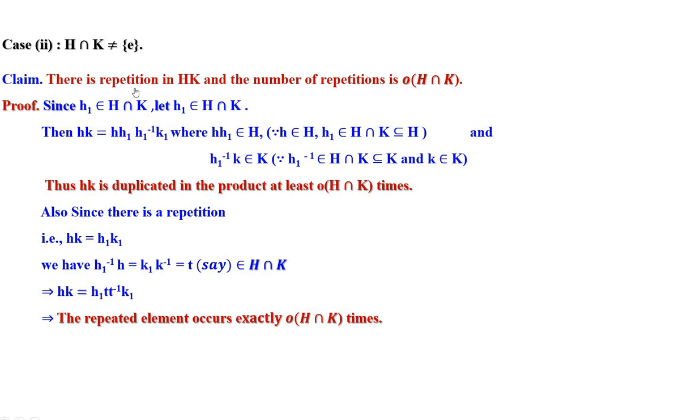So we claim that there is a repetition in HK, and the number of repetitions is the order of H intersection K. Now, consider an element H1 which is present in H intersection K, of course different from E. H intersection K is not equal to the singleton {E}, and therefore you consider only H1 in H intersection K. Now you consider HK.